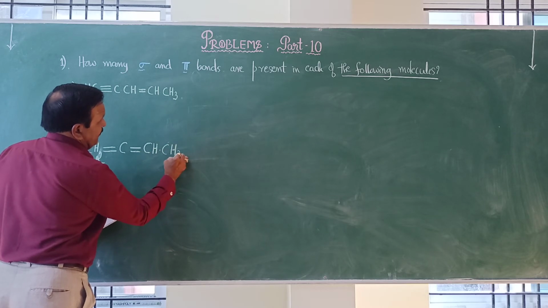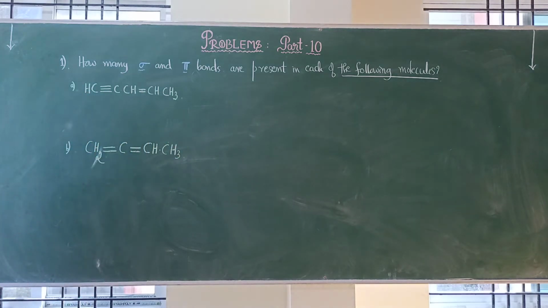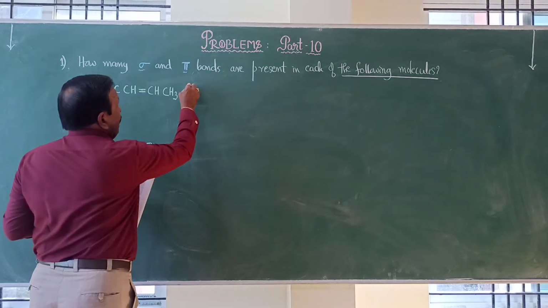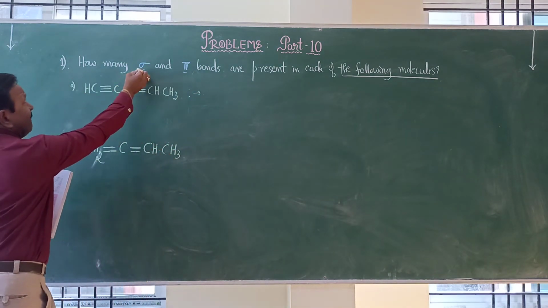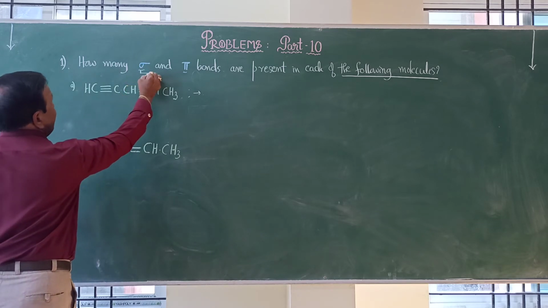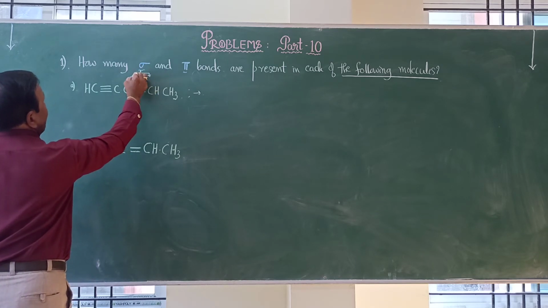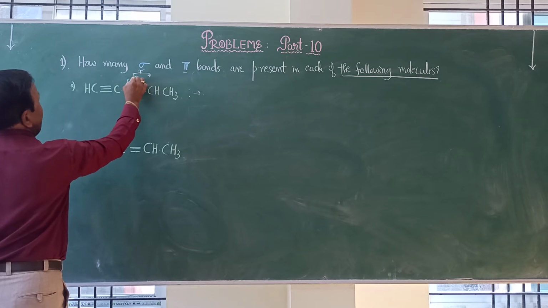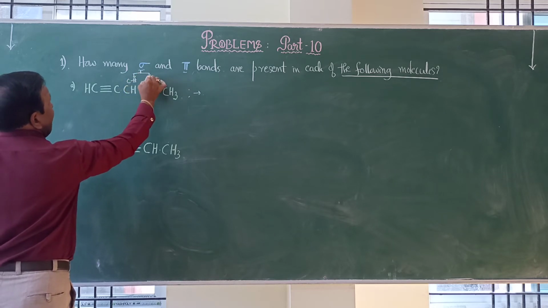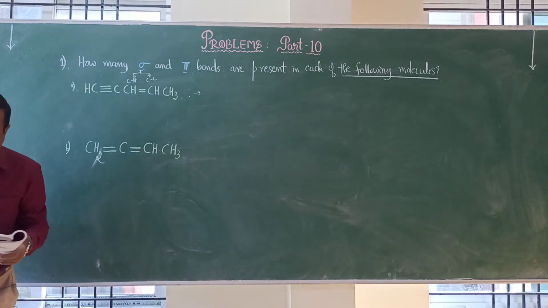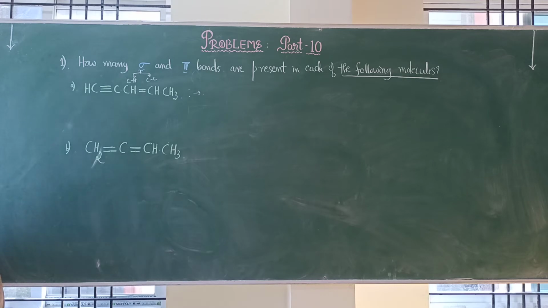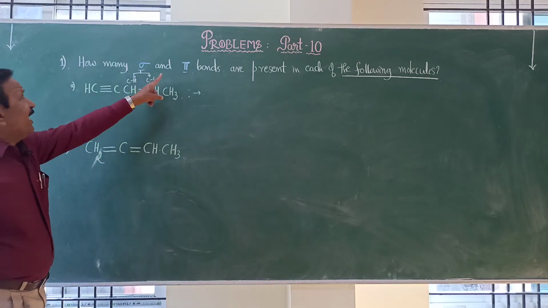So you are going to identify sigma bonds and you are going to identify pi bonds. So one thing you remember, sigma bonds may be two types, that is carbon hydrogen sigma bond and carbon carbon sigma bond. Remember, the sigma bonds will be between carbon carbon and between carbon hydrogen.